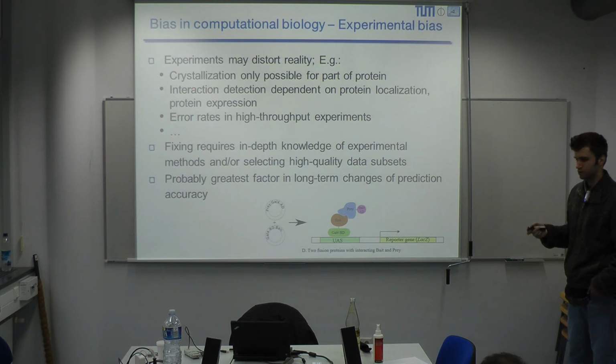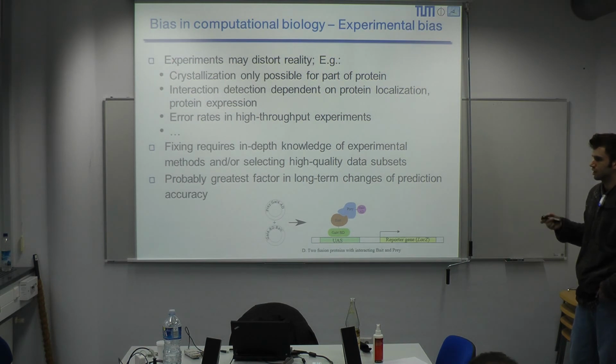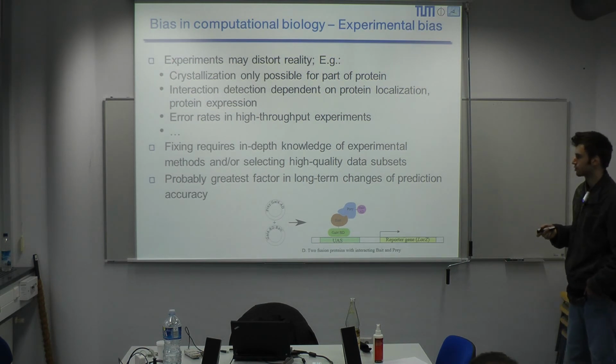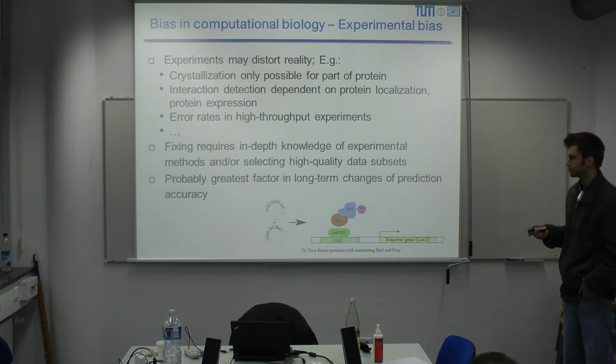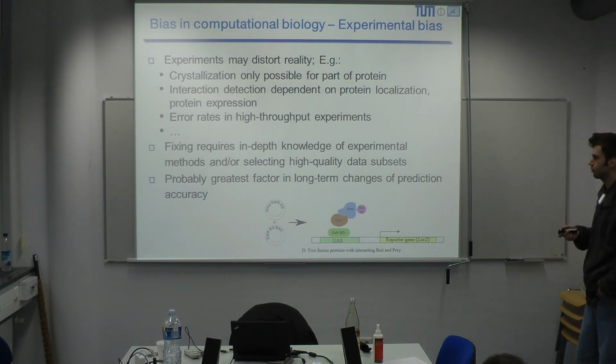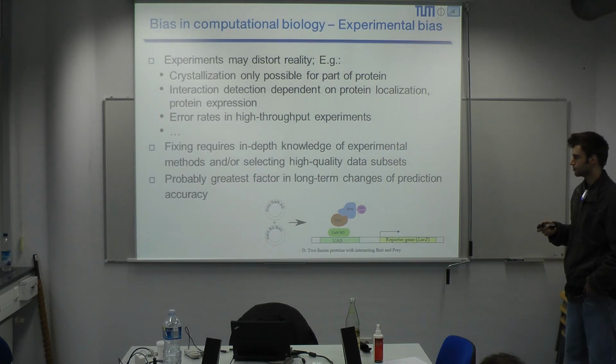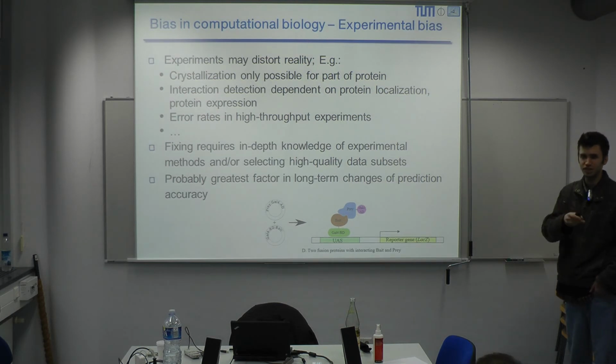Also, of course, proteins need to be expressed at quite a high level to be able to detect the interaction. As you've probably already heard, high throughput experiments tend to have an extremely large fraction of false positives. And again, you won't usually read about this in the literature. It usually comes to light if one group does an experiment and another group does the exact same experiment, but they come to totally different results.